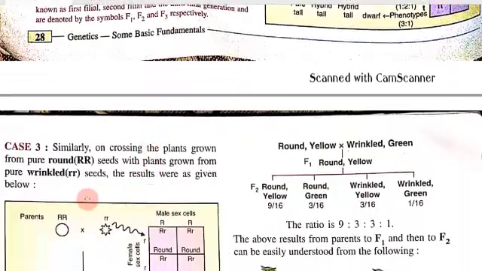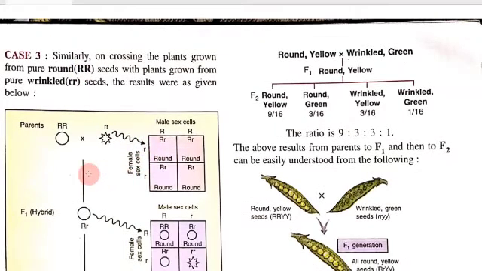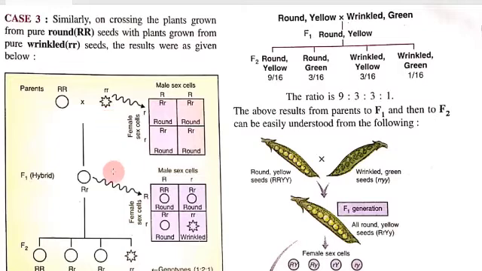Case 3 is a similar crossing of plants grown from a pure round shaped seed and a wrinkled shaped seed. The parents are round shape and wrinkled shape, and in the first generation all the plants produce round shape but heterozygous dominant.